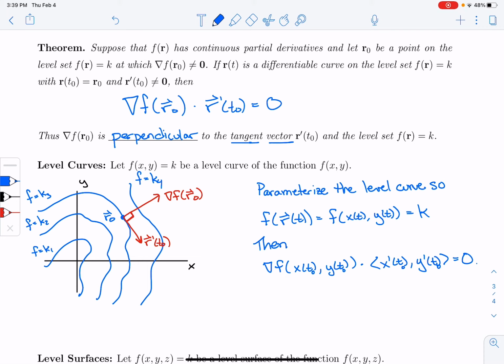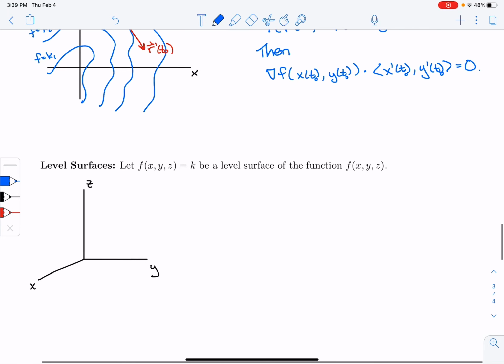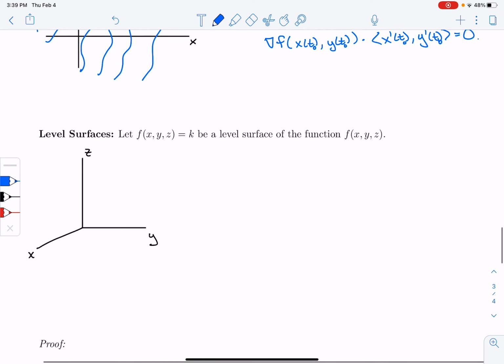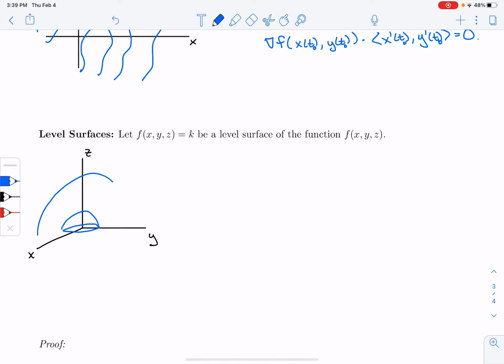What about if we go to 3 dimensions? So in 3 dimensions, we have level surfaces. There's a bunch of these surfaces. So maybe there's a surface like this, and on that surface my function is constant. Maybe there's a bigger surface, and on that surface my function is constant.